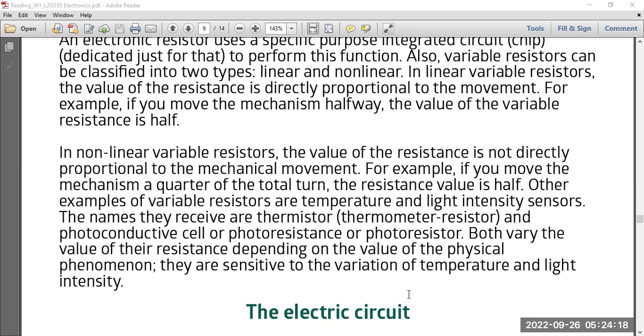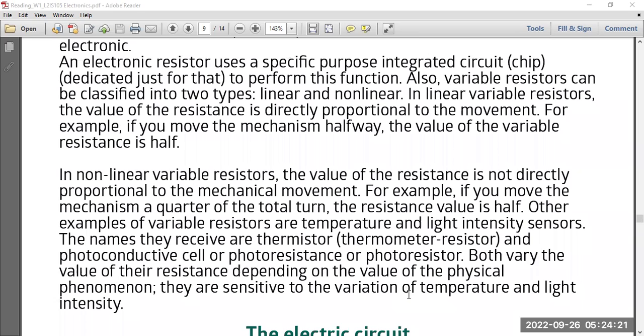In non-linear variable resistors, the value of the resistance is not directly proportional to the mechanical movement. For example, if you move the mechanism a quarter of the total turn, the resistance value is half. Other examples of variable resistors are temperature and light intensity sensors.